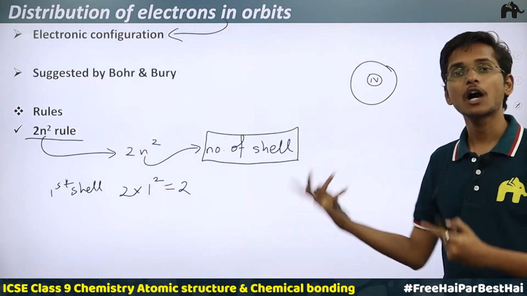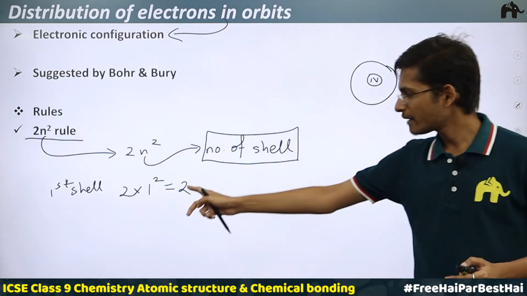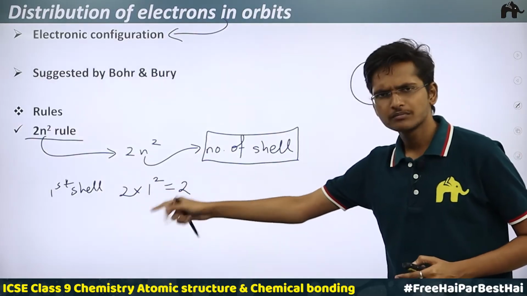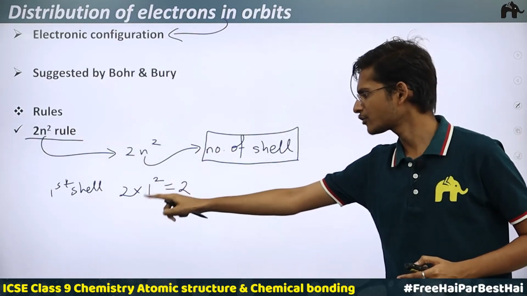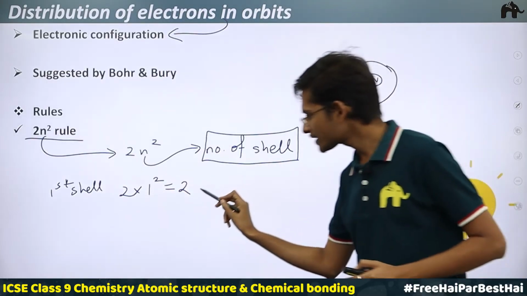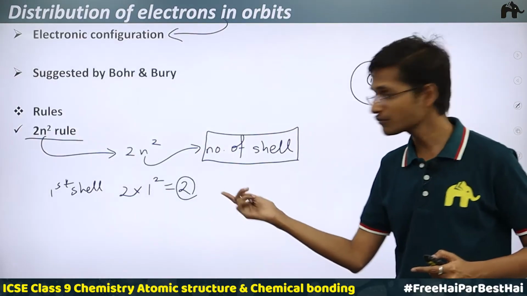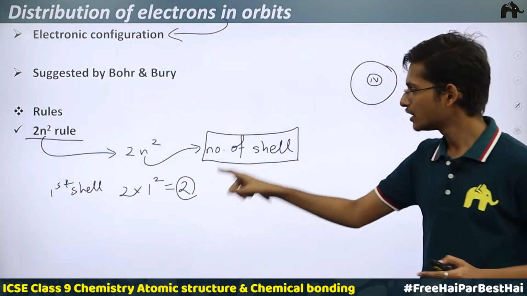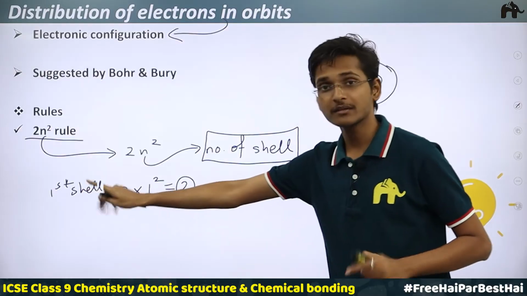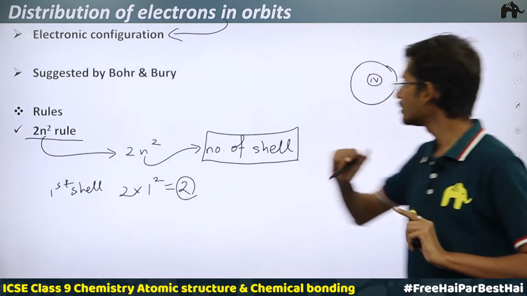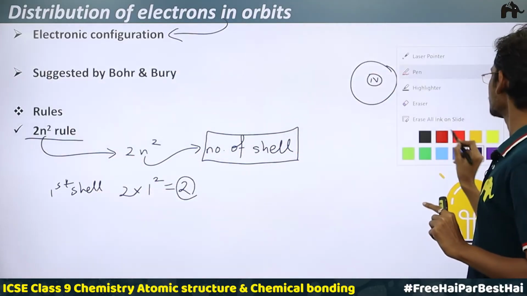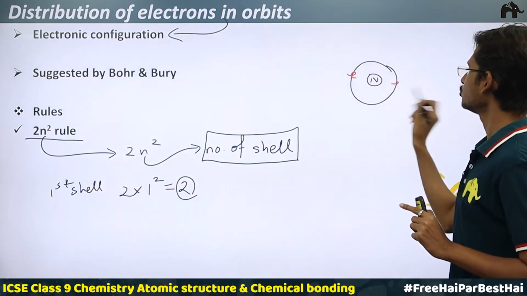I have substituted n as 1 and calculated it, it is 2. So a maximum of 2 electrons can accommodate the first shell. I'm just writing here, in this way, 1, 2.